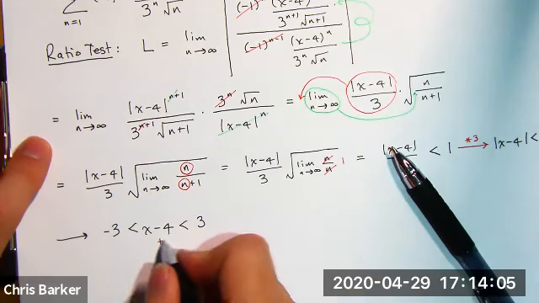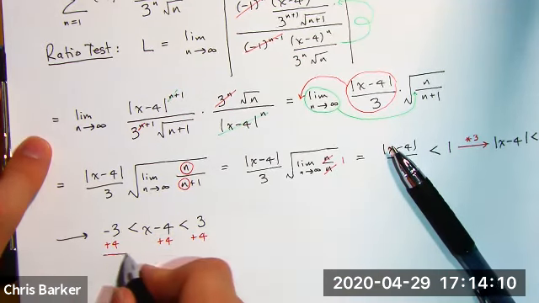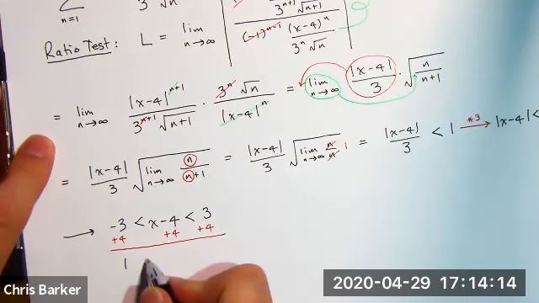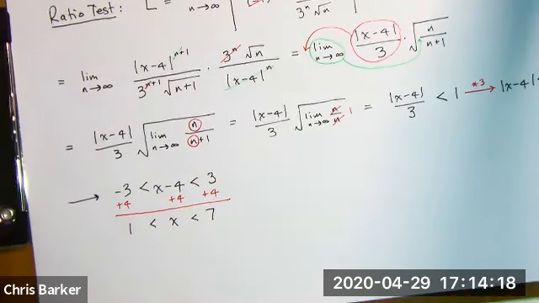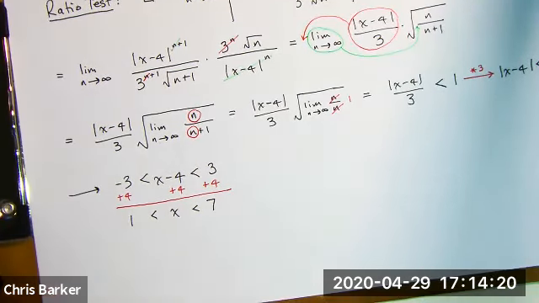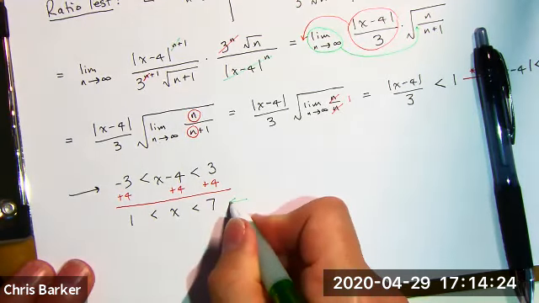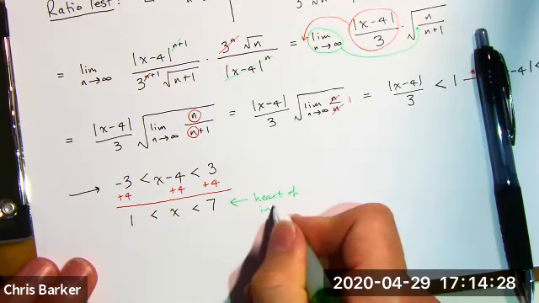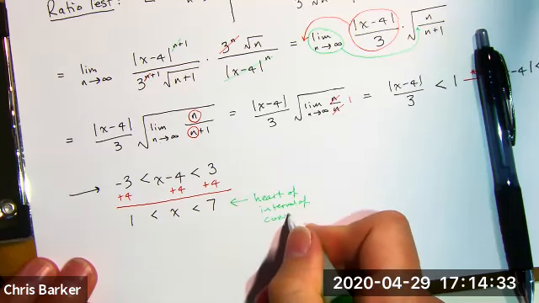So then we add 4 to everything to get x isolated, and we get that 1 is less than x is less than 7. So that's the heart of our interval of convergence. It's not the entire interval because we may have to include the endpoints, but that's the heart of the interval of convergence.